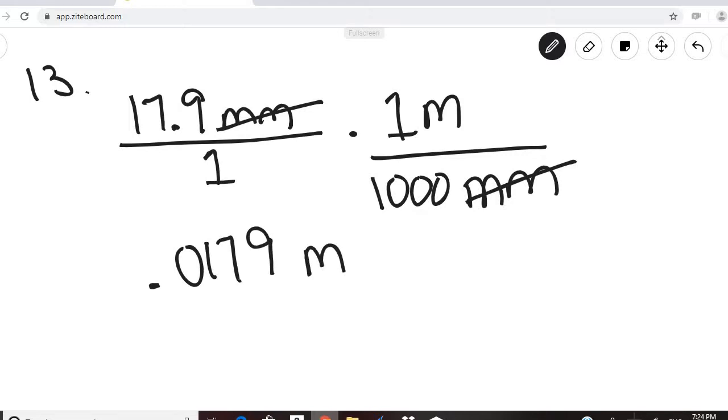And if we look at significant figures, we were dividing, so we look at the least number of significant figures. This number has 3, so we're looking at 3 significant figures. All 3 of these are significant. The 0 is not significant, so we have our 3 significant figures. So that would be the correct answer there.